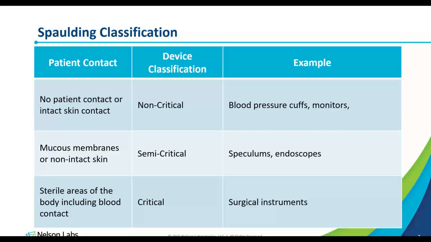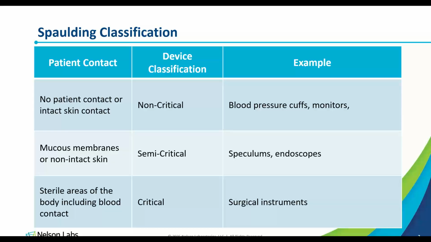These devices represent the highest risk, as again, they're coming in contact with those sterile parts of the body. So ensuring that they're clean from patient to patient is going to be very important.